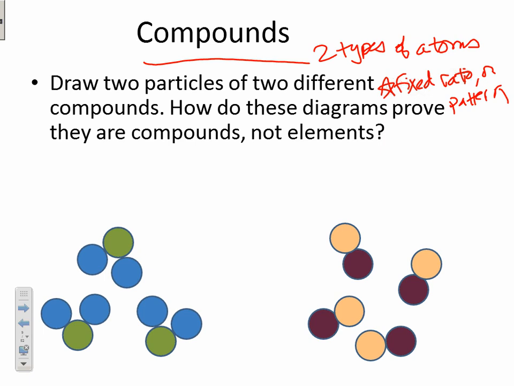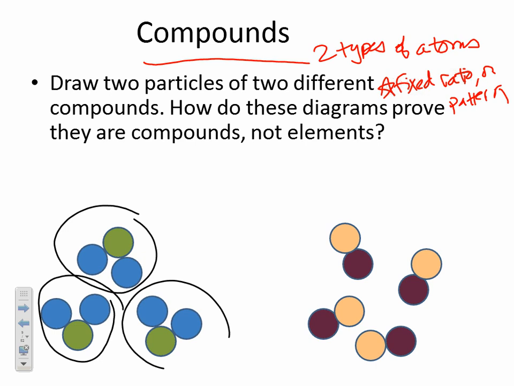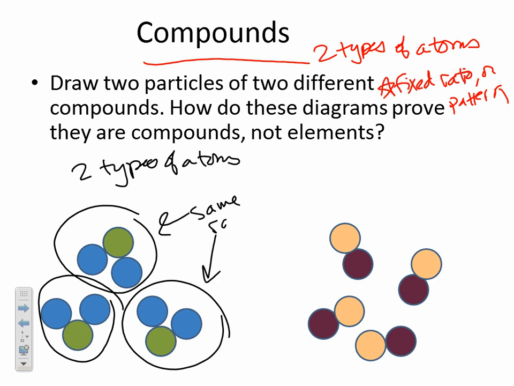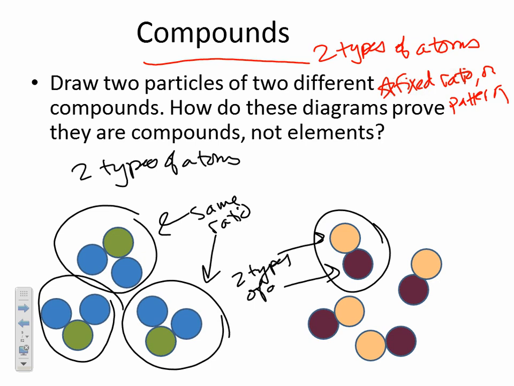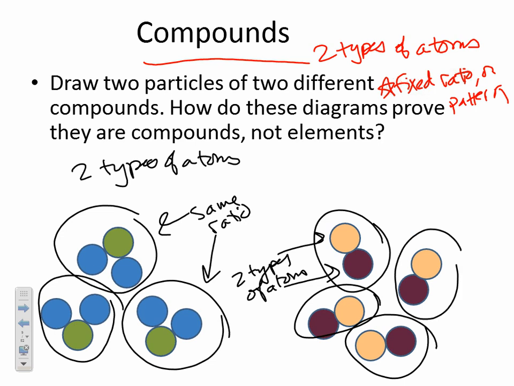So this right here is a compound, and notice that, again, the two types of atoms, but each of these has the same ratio. It's always 2 blue, 1 green, 2 blue, 1 green. Likewise, this would also be a compound because notice two different types of atoms, but each one of these, when we compare it to the other, they're all the same ratio. That's the fixed formula.